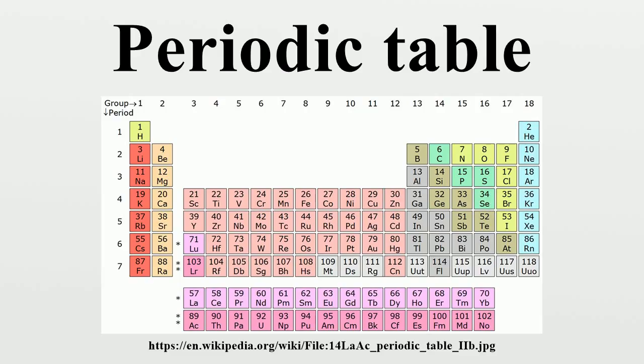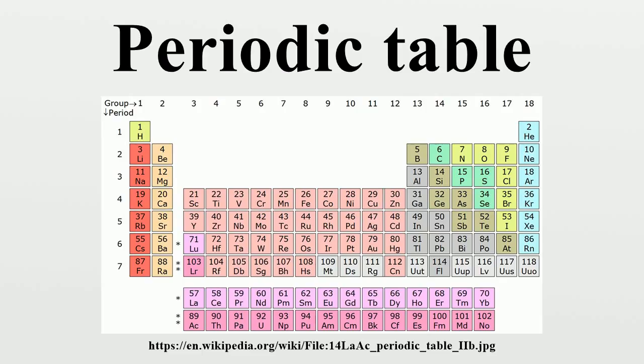All elements from atomic numbers 1 to 118 have been discovered or synthesized, with elements 113, 115, 117, and 118 having been confirmed by the IUPAC on December 30, 2015.